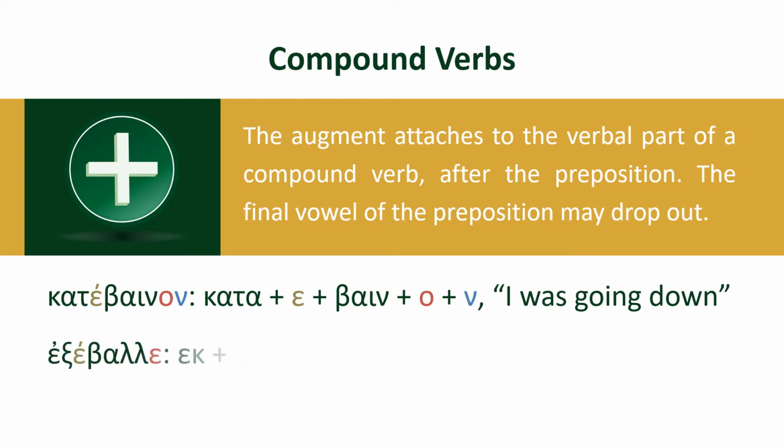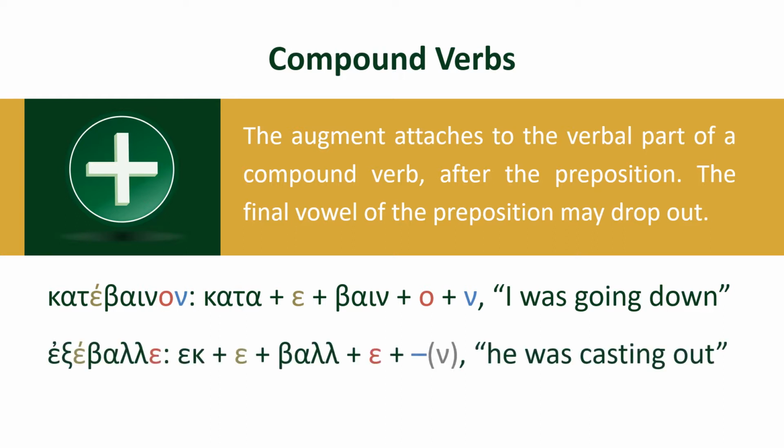Secondly, we have exebale. Exebale. He or she was casting out. It's from the preposition ek plus the augment epsilon plus the present tense stem bal plus the connecting vowel epsilon, and in the third person singular there is no personal ending, hence we get exebale.